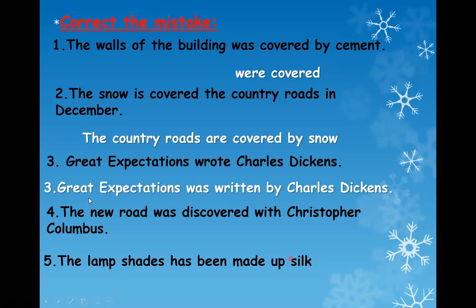Great Expectations, it's a novel, was written by Charles Dickens. So it's the right answer. We corrected the verb to make everyone understand that Charles Dickens wrote Great Expectations, or Great Expectations was written by Charles Dickens. Is it clear now? Yes. Okay, number 4, you're welcome.